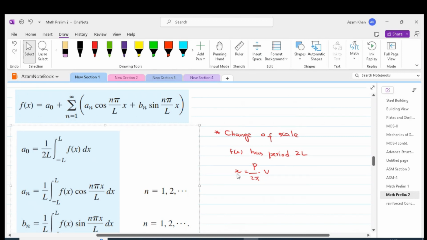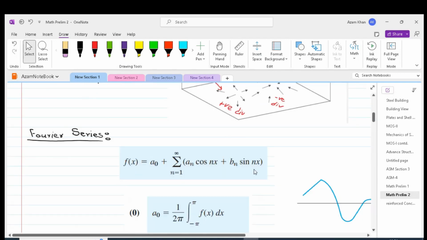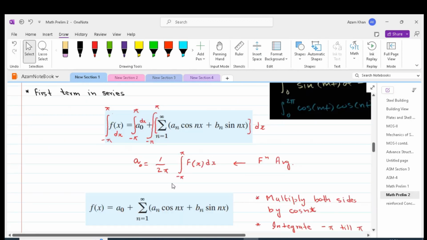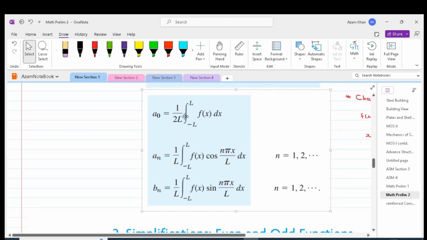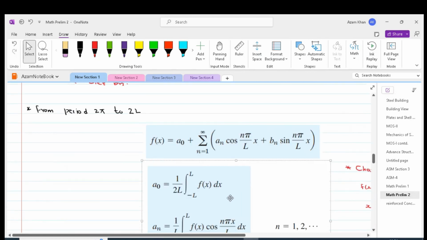In this equation, we will easily get the form shown over here. So essentially, we have changed from period 2 pi to any period 2L. And this generic equation will be used in our structure mechanics.